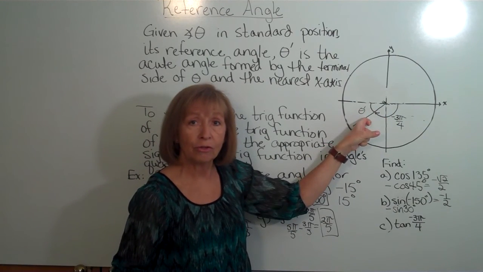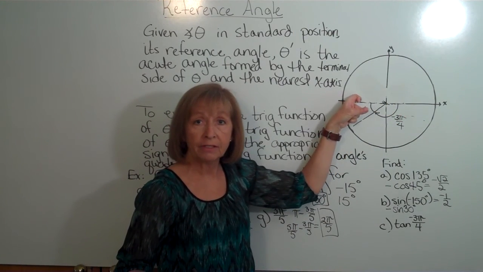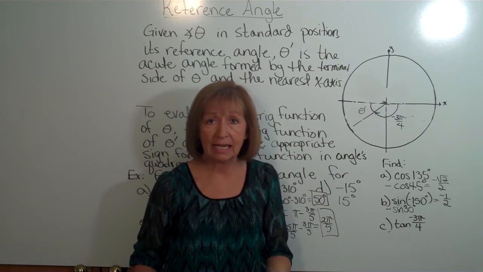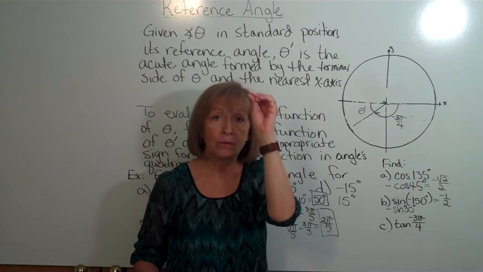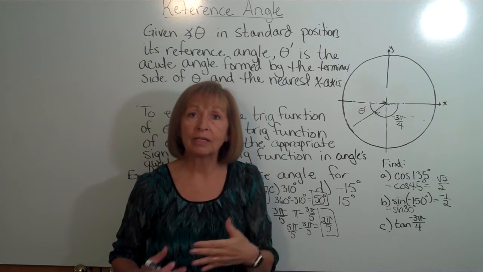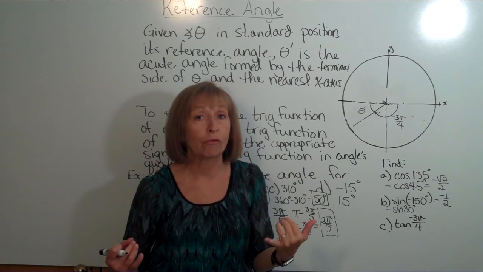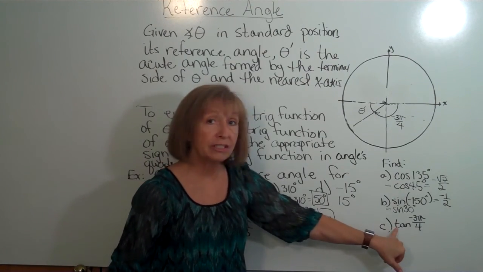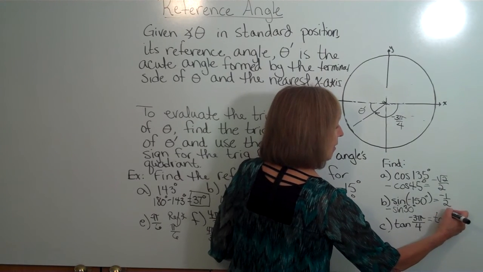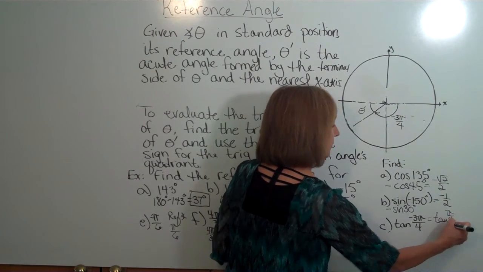Well, to get to the third quadrant, we have to go left, which is negative for the x coordinate, and down, which is negative for the y coordinate. So negative divided by negative is overall positive. So it actually is going to be the same as the tangent of pi over 4.